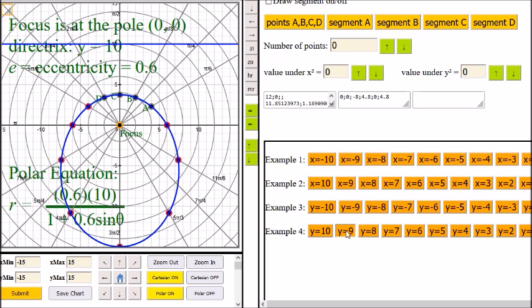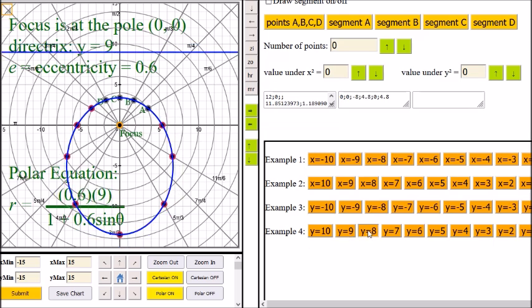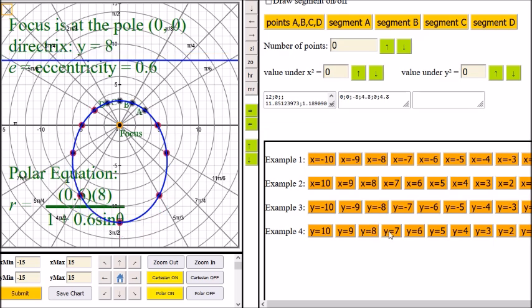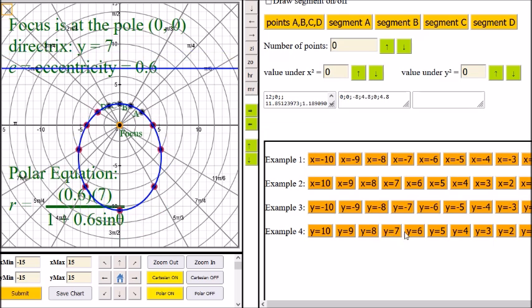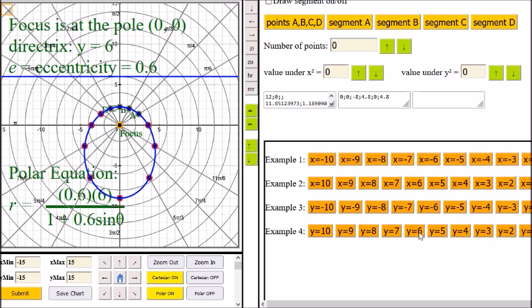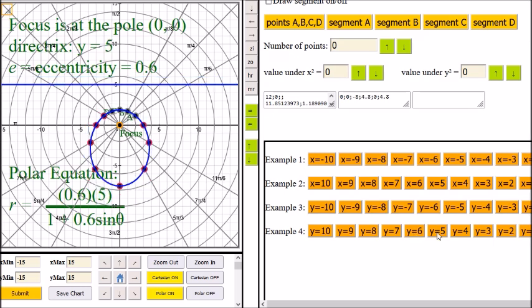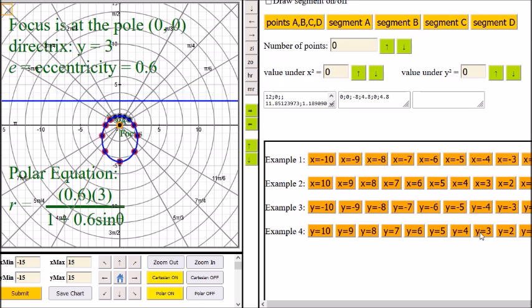And so here's y equal to 9, 8, 7, 6, 5, 4, 3, 2, 1.